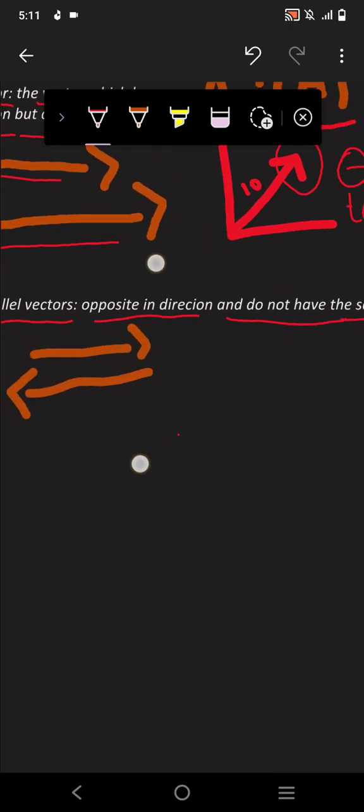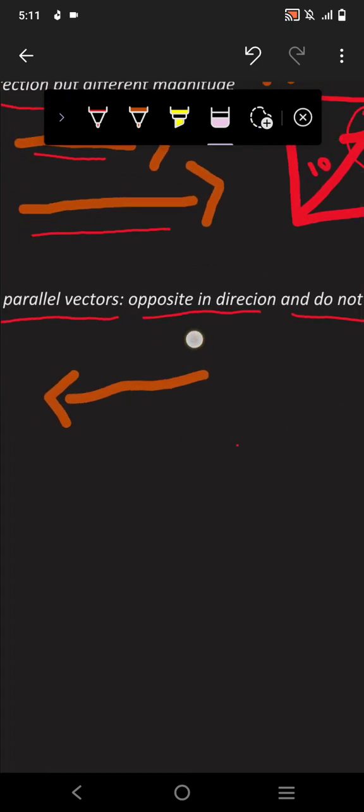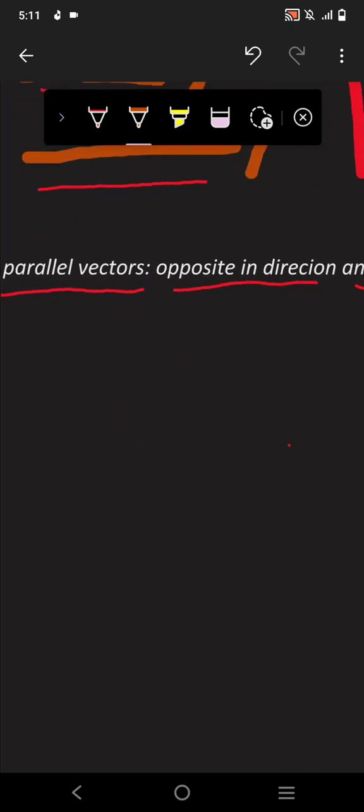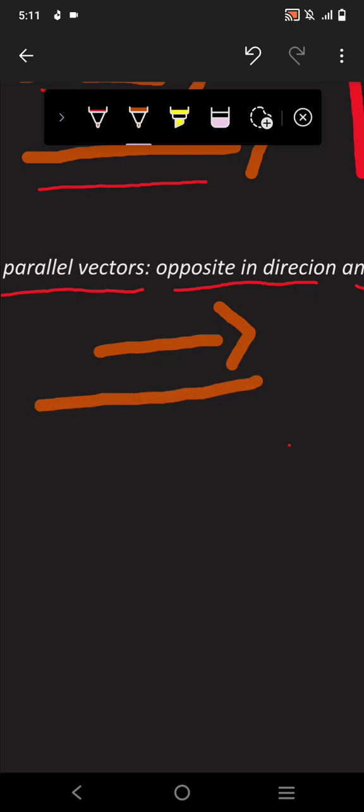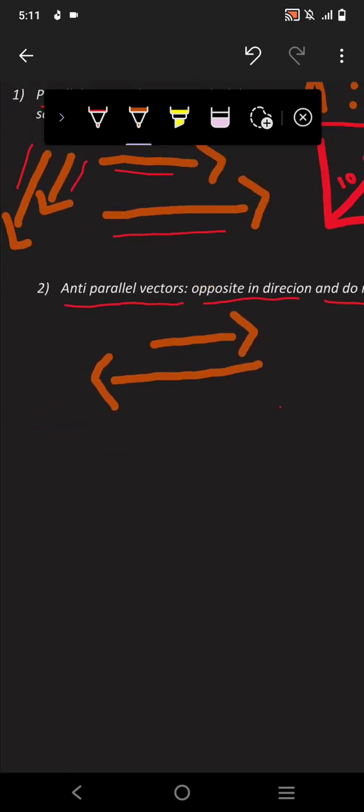Those whose length, whose magnitude is not the same, and the vectors are opposite in direction. This vector is going in this direction, so the next vector would be opposite and will not be the same in magnitude. So this vector is known as anti-parallel vector.